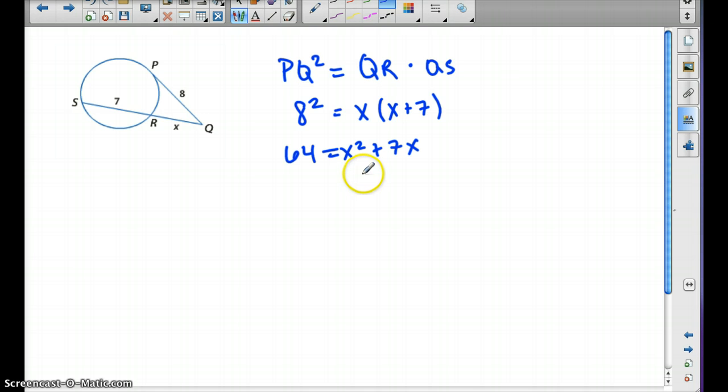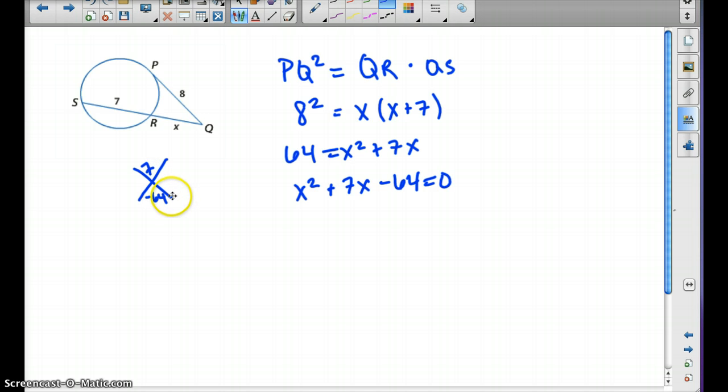Now if you watched my previous video, anytime you have a quadratic, you have to set it equal to 0. So our quadratic is going to be, and I'm going to flip this around, x squared plus 7x minus 64 equals 0. So I use the Argyle method, so a negative 64 here.